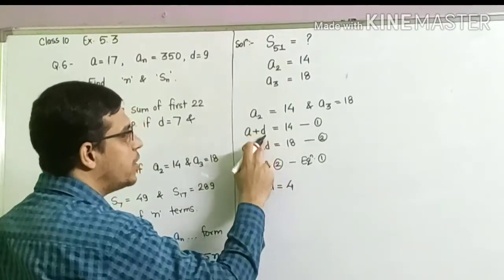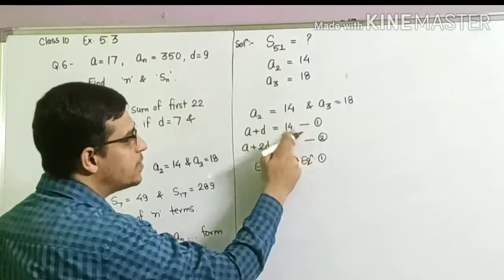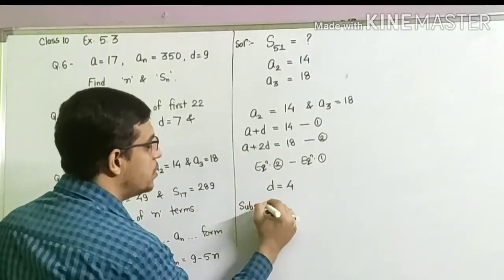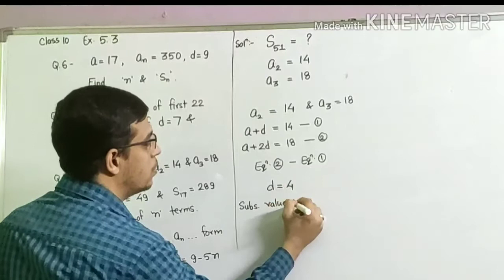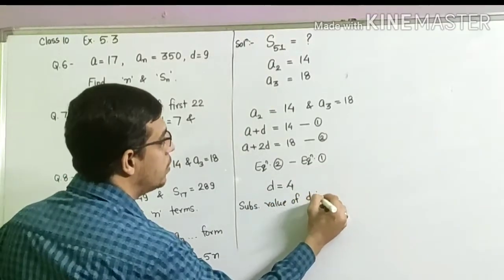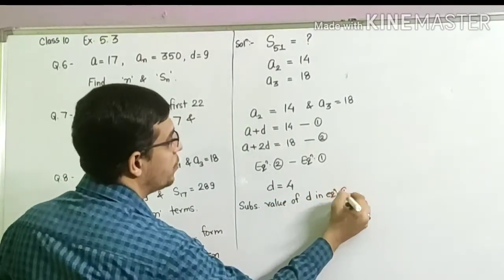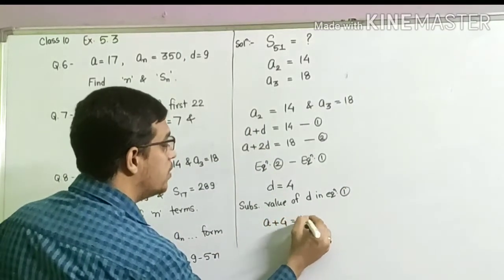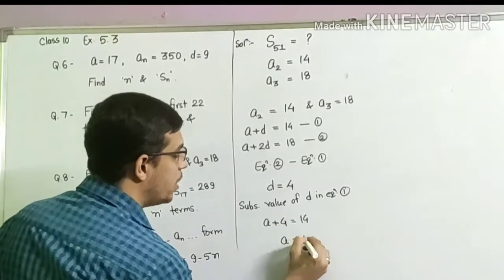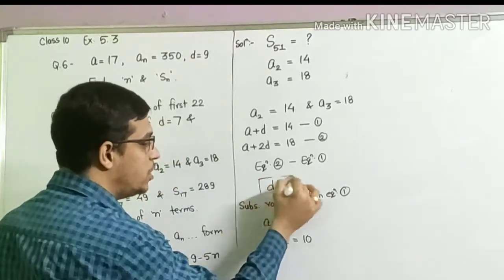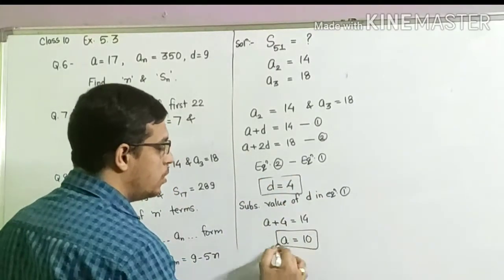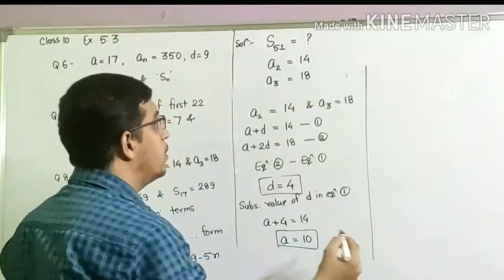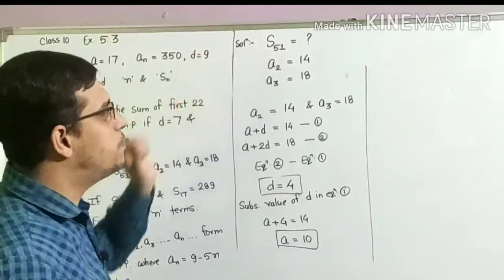Substituting value of d in equation 1, this will be a plus 4 is equal to 14. So a is equal to 10. So these two things we got. Value of a is 10, value of d is 4. We have to find S51.